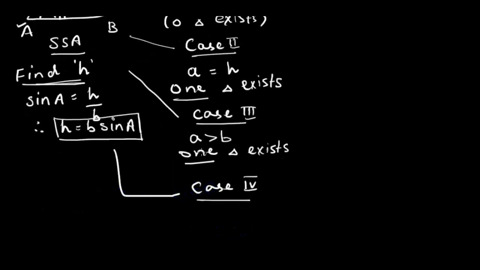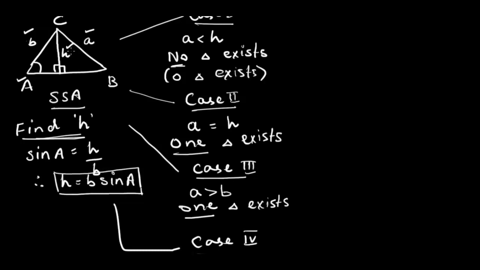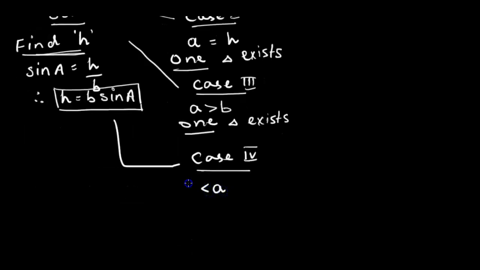Case 4 is the last case. In case side a is greater than side h but smaller than side b, how do we write that down? If side a is greater than side h and smaller than side b, that means the value of side length a lies in between the value of side length h and b. Then in that particular situation, 2 triangles would exist.